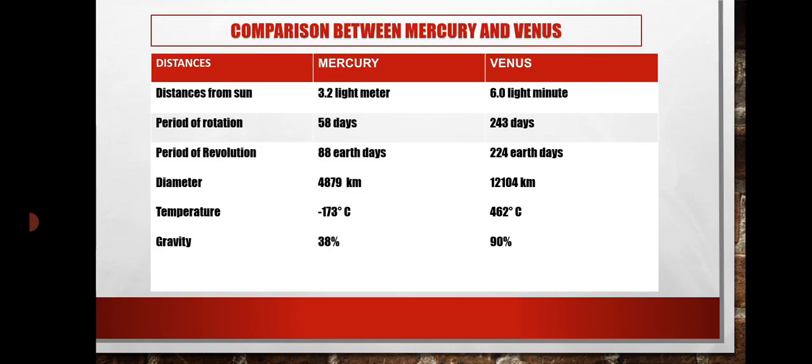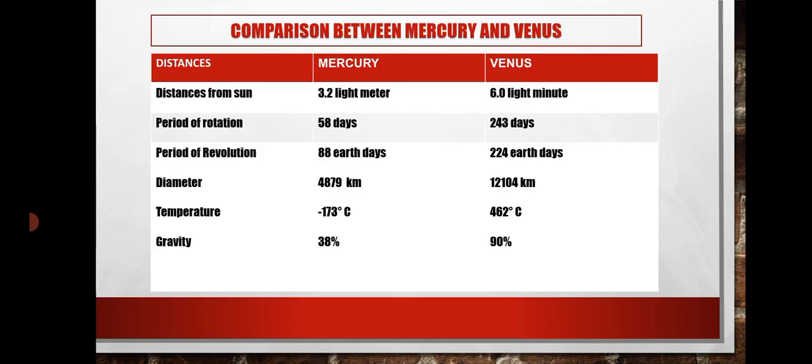Now, period of revolution, we have 88 days for Mercury, 224 days for Venus. Now, the diameter: for Mercury, we have 4,879 kilometers. Venus, we have 12,104 kilometers.